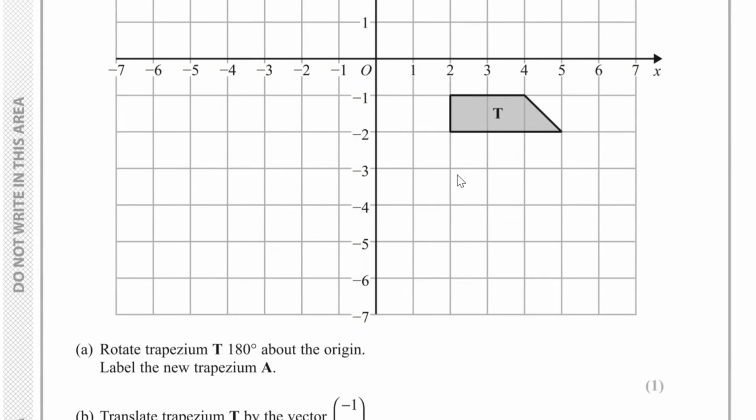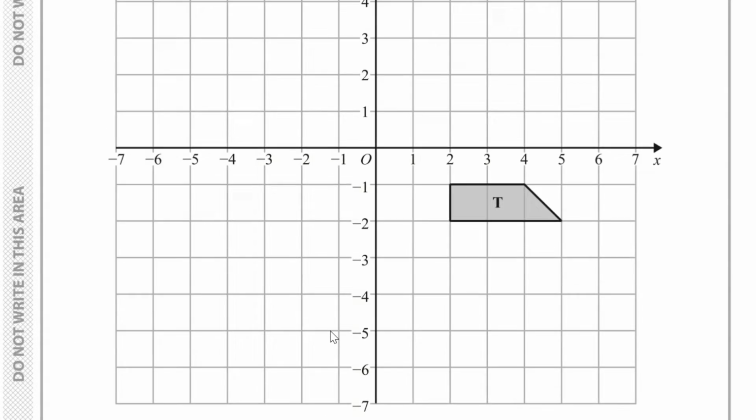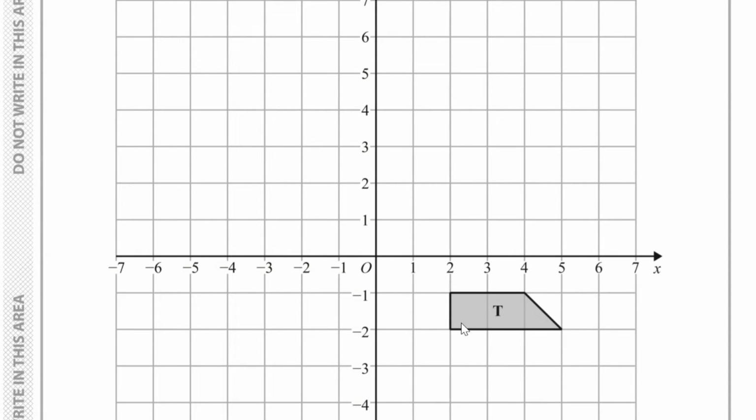Question number 5, we've got shape T over here, and we have to rotate shape T by 180 degrees about the origin, and then we have to label this new shape A. So here, if I rotate T by 180 degrees, then we've got something looking like this.